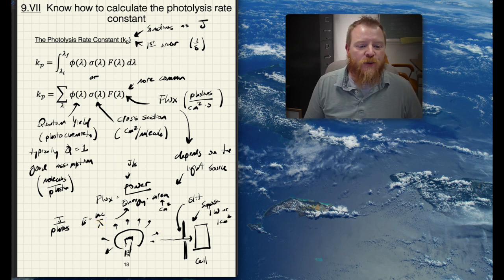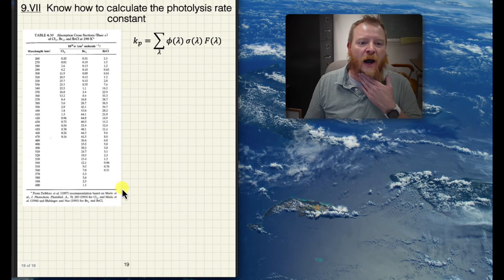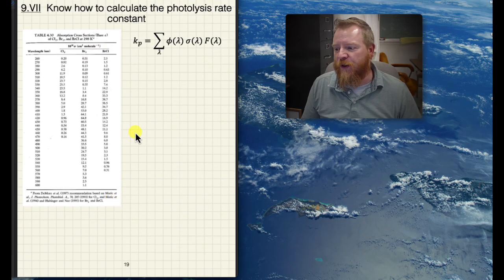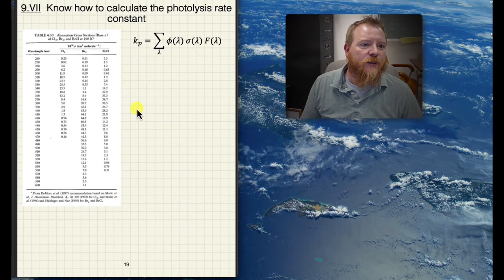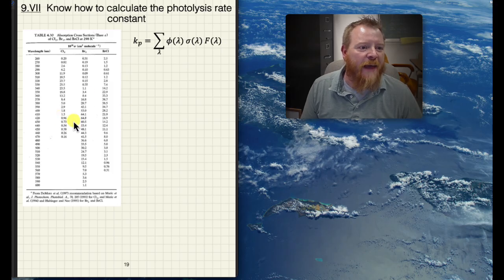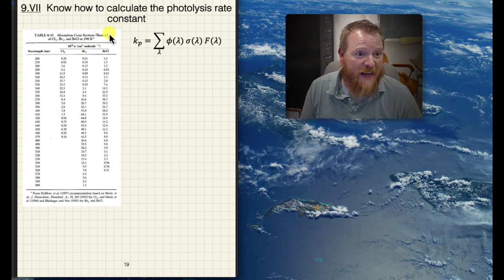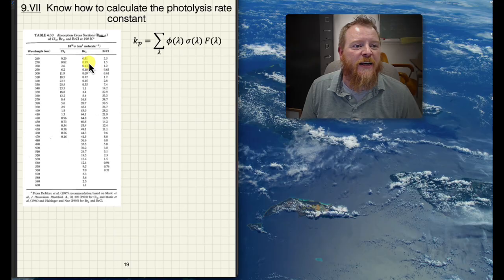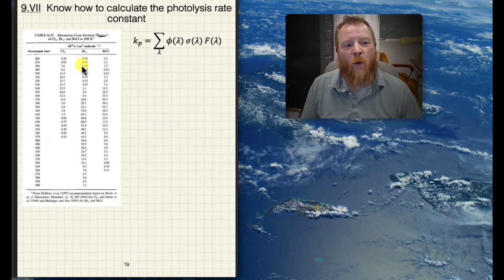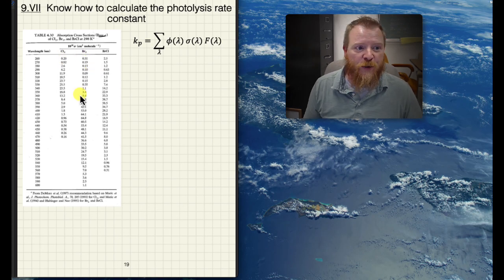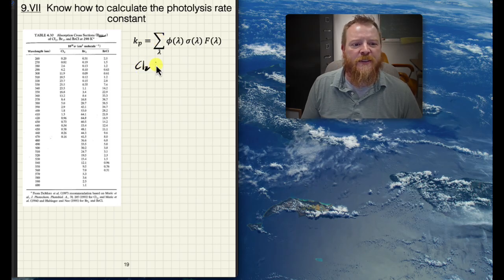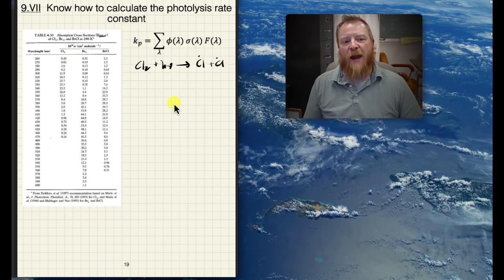Okay. So for example, let's move into something with some real numbers that we can play with here. So here we're looking at the sigma base E cross section of either Cl2 or Br2, which you can see is also listed there. Let's play with chlorine. So for example, Cl2 plus light to make 2 Cl radicals.